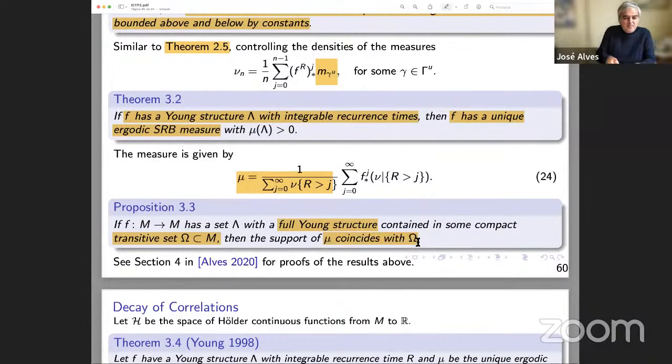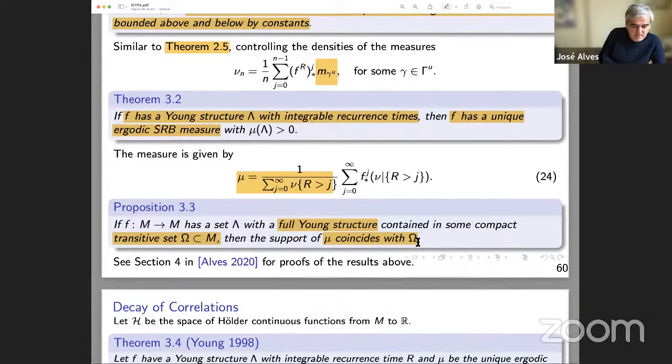Now, the idea is simple because the measure contains disks in the support if it's a full Young structure, and then you iterate these unstable disks, and by transitivity, it gives that the support of the measure necessarily is the whole set omega. These omegas in practice will be attractors for the dynamics, transitive attractors. Okay, so this is the only point today where I need this full Young structure.